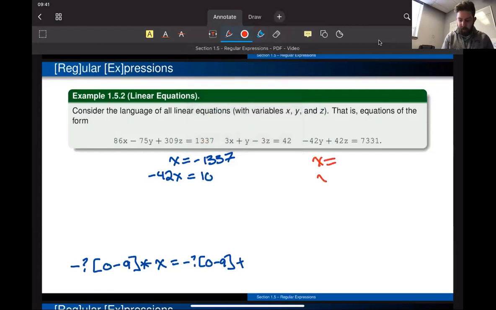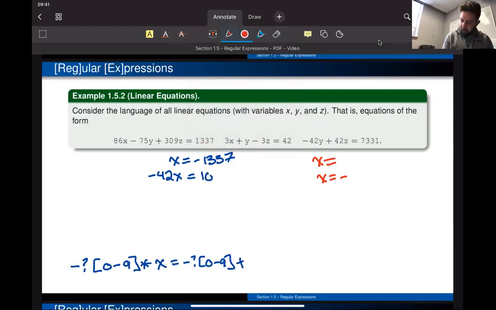And I for sure don't want something like x equals negative, because that doesn't mean anything. So we have some combination of x's equals a for sure number on the right-hand side. So an honest to goodness, nice little digit. It could be 1337. It could just be the number 7. It can be any combination of digits that I want as long as I have at least one of them.